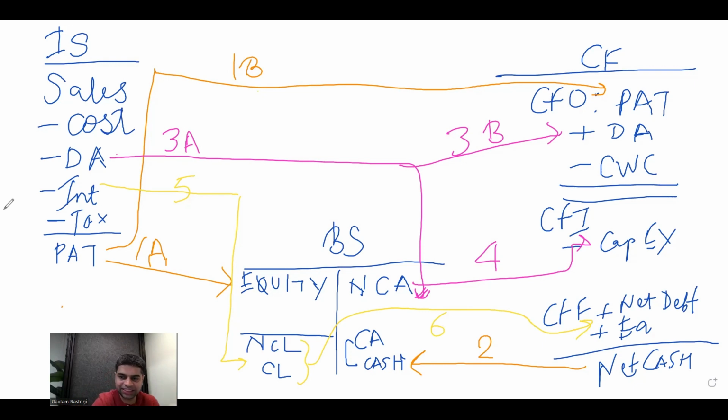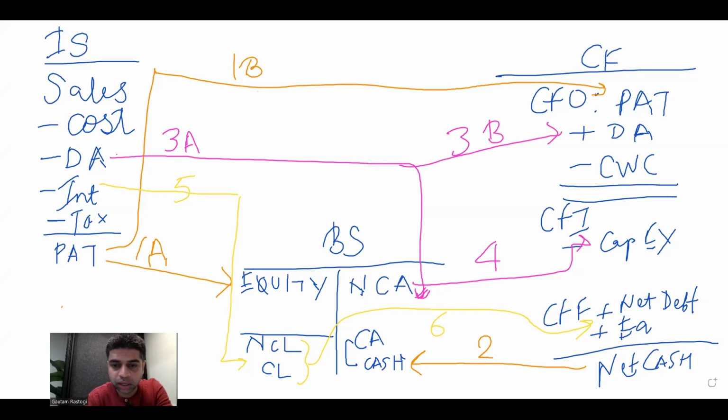Cash flow from financing is all about how you are raising your money. If you're taking debt, the money that you take from the bank needs to be shown in your cash flow from financing as a cash inflow, and also in your balance sheet on the liability side. So that connection, how the debt appears on the books, is transaction 6.